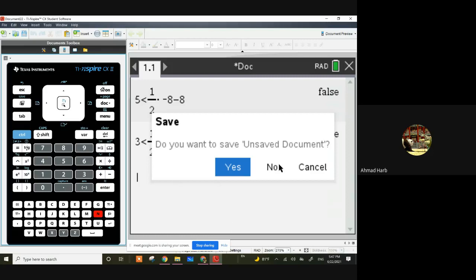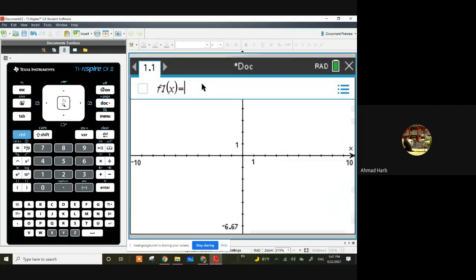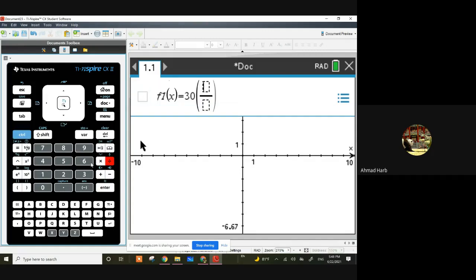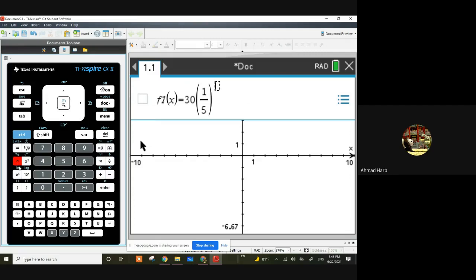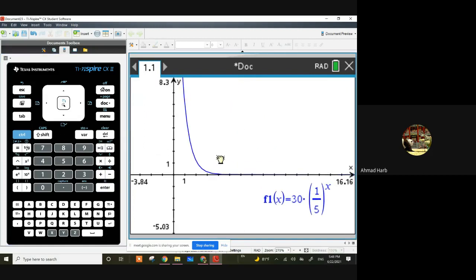So go ahead to the graph, and we're going to see which one gives me the answer. So the first equation is 30, parentheses, Control divide, 1 over 5, and don't forget the exponent, that's why it's called exponential, power of x. Could that be the answer? Well, I don't know. I don't have a graph. I have a table of points.